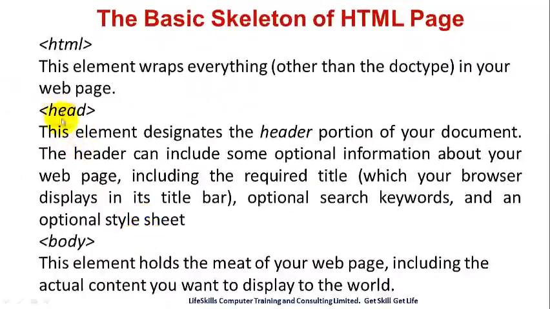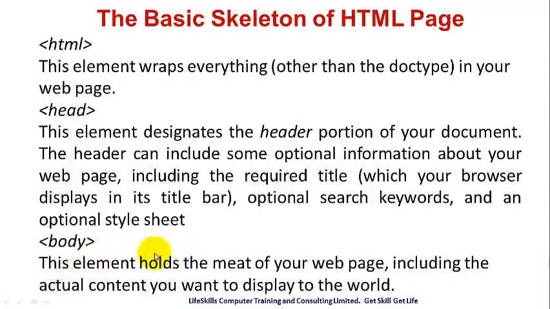Then we have the head tag. This element designates the header portion of your document. It includes some other information like the title of your site, and metadata, and link tag, and some other tags can go inside the header tag. We are going to explain this later. Then the body tag.